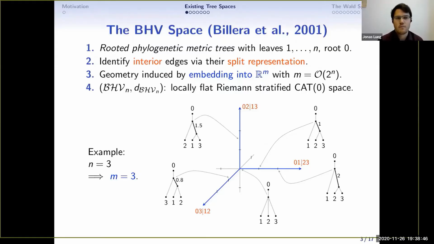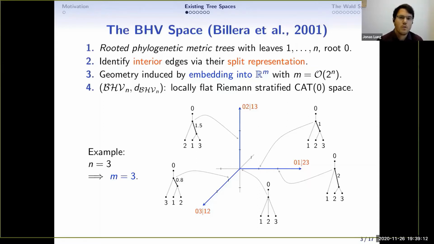And how the space is constructed is in the following way. We identify the interior edges of each tree via their split representation. And then the geometry is induced by embedding all these splits into a huge high-dimensional Euclidean space where the dimension increases exponentially with the number of taxa we consider.